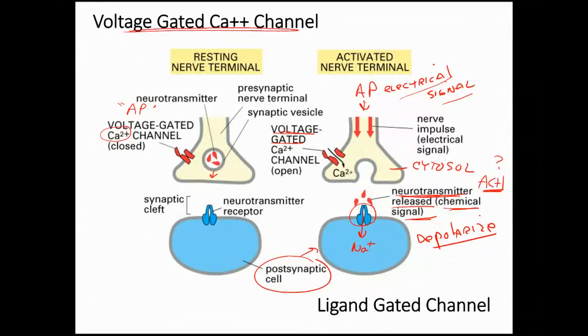You're going to depolarize to threshold and generate an action potential in the postsynaptic membrane. And so we're talking about how we have a voltage-gated calcium channel ultimately changing an electrical signal into a chemical signal, and then that chemical signal is going to interact with a ligand-gated channel in the postsynaptic membrane.